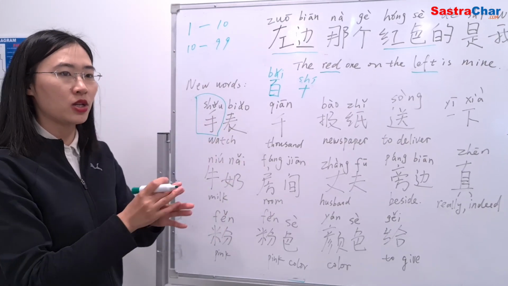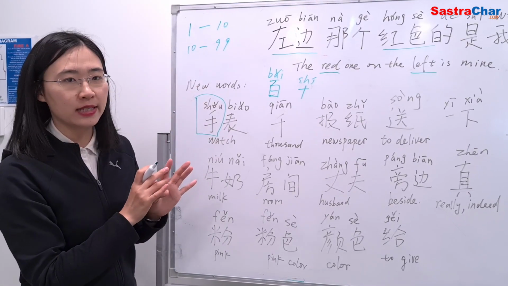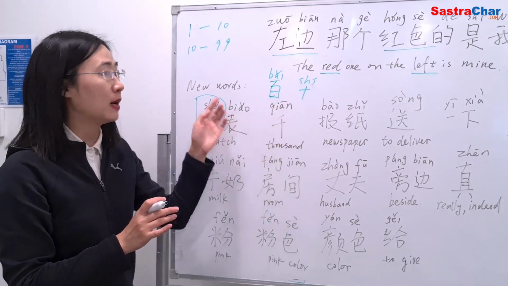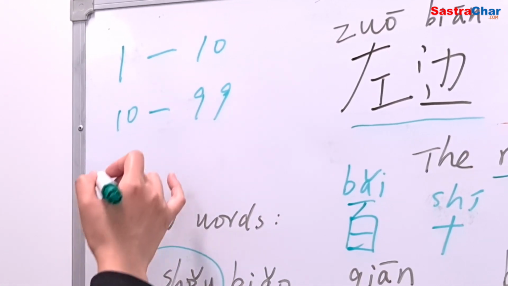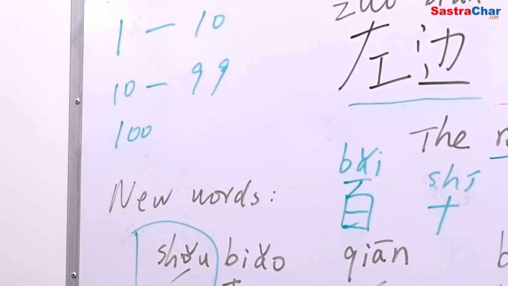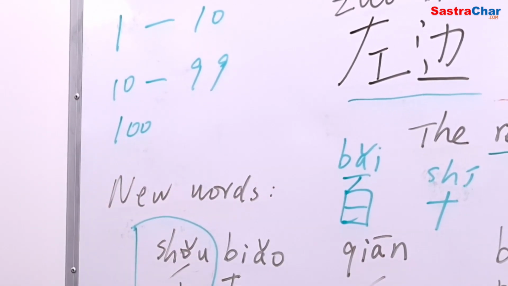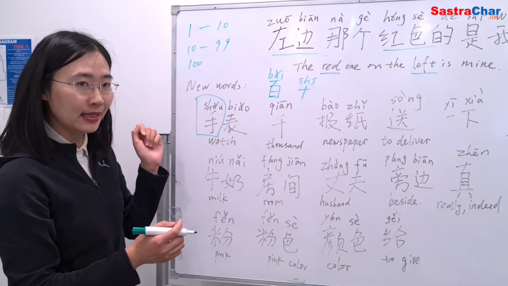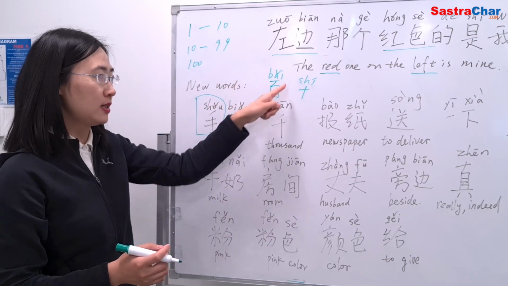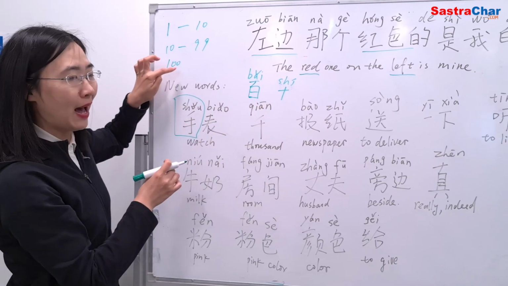Well, let's briefly talk about the numbers from 100 to 1,000. First, 100 is composed of 1 and 100, right? So 1 is 一, and 100 is this word, 百. So this is 一百.